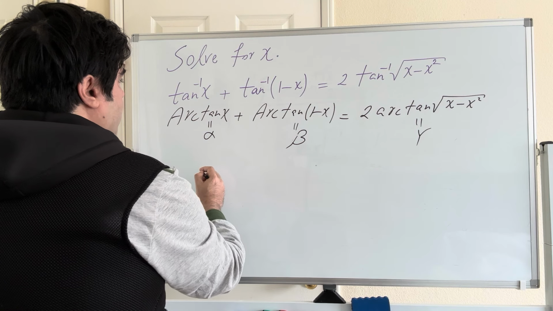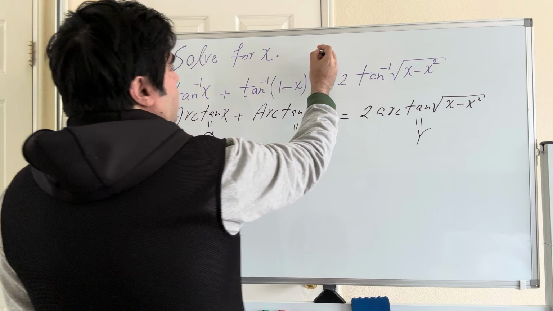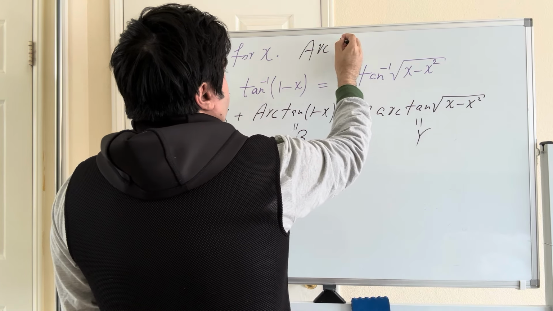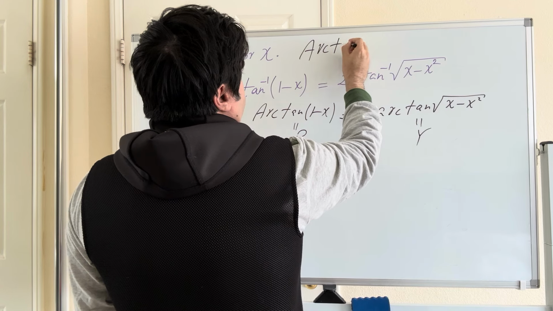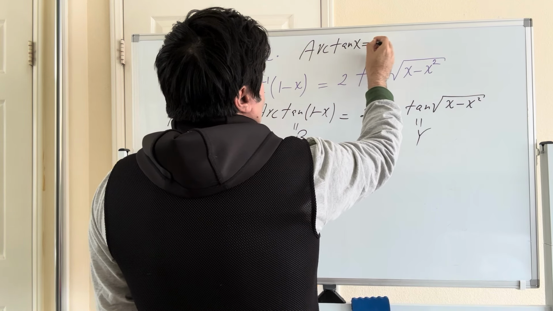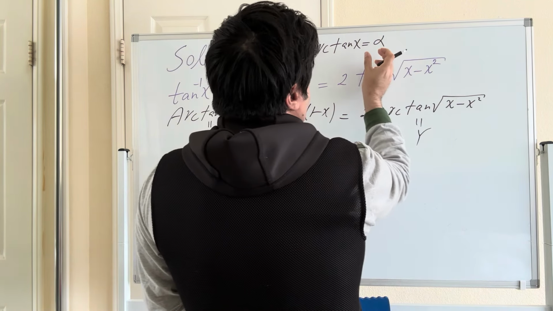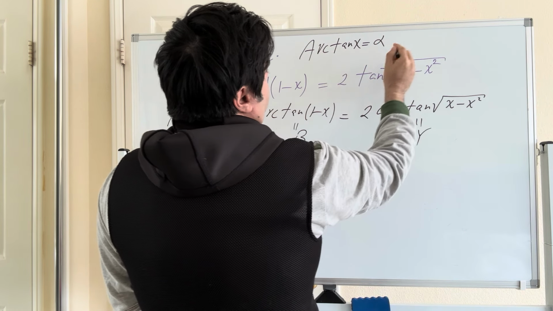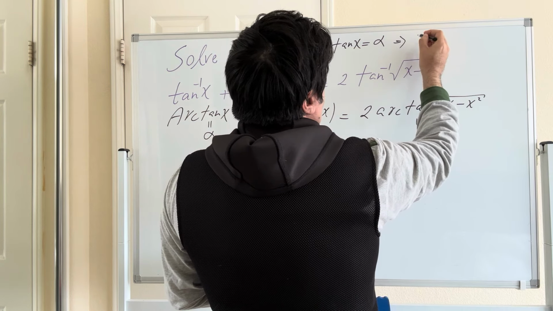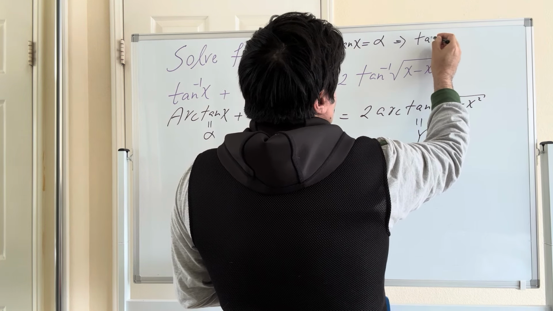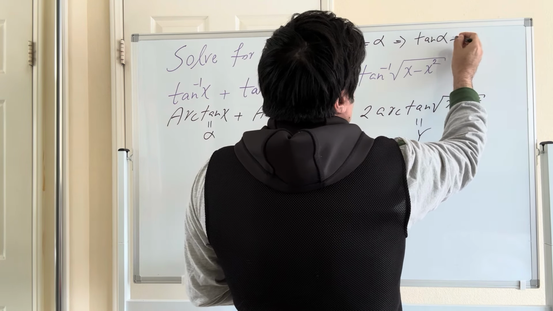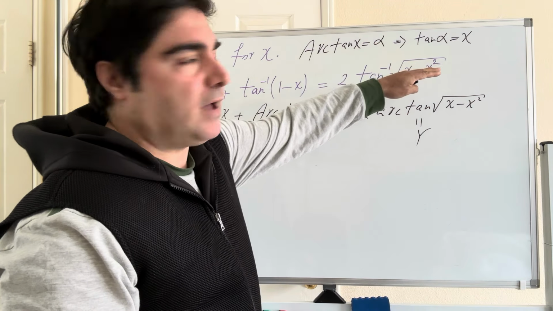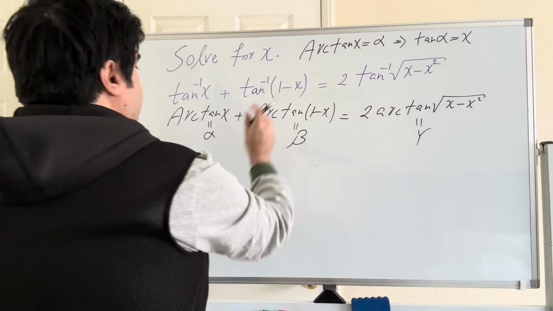One thing that I should let you guys know is that if I have arc tangent of x equal alpha, they cancel each other, and the arc goes away. Therefore this becomes tangent of alpha equal x. So this is a transition you're going to have. I'm going to use this to my advantage.